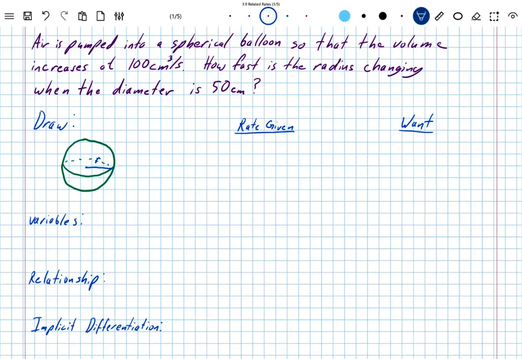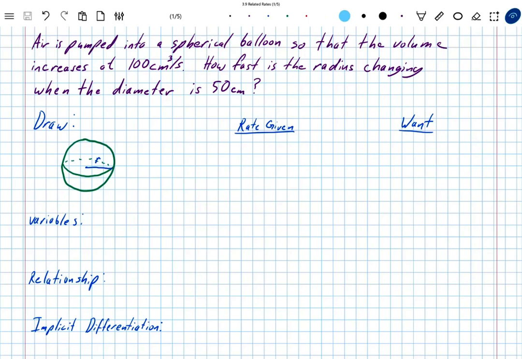Let's go ahead. This is a related rates problem. And in any of these, they're going to give you a rate, and there's going to be a rate that you want. We're going to relate the rates. I like to teach this where that's one of the first things you write down. So we're given a rate. What is it? Looks like the volume is increasing at 100 centimeters cubed per second. That's how fast the volume's changing, how quick this thing is blowing up.